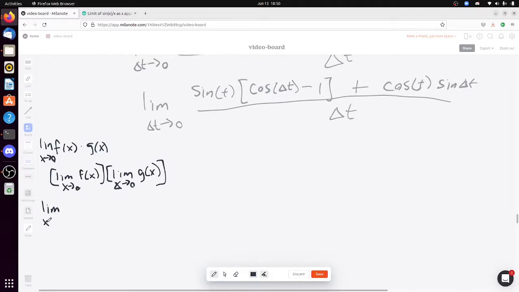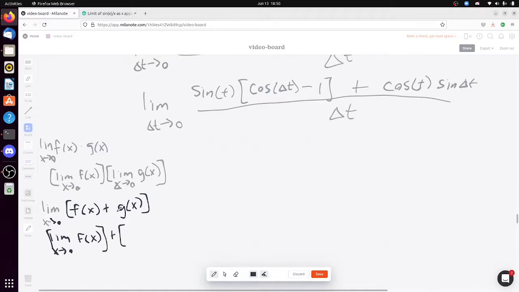It's basically the same thing, just a sum instead of a product. So the limit as x approaches 0 of f of x plus g of x is the same thing as the limit as x approaches 0 of f of x, which is some number, plus the limit of g of x. You can regroup them. Those are the only real properties that we're going to invoke at this step.